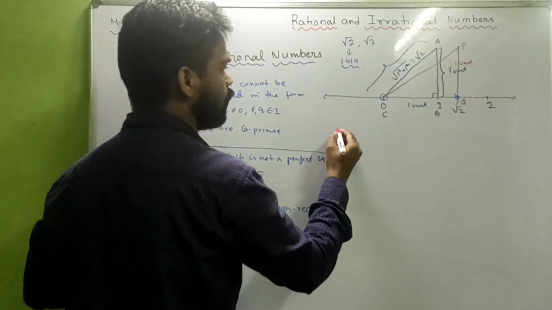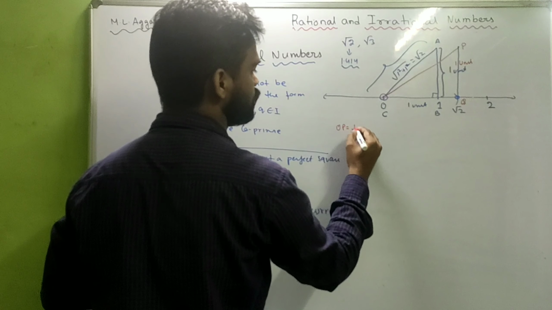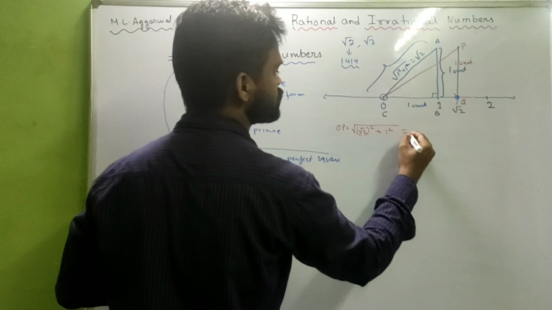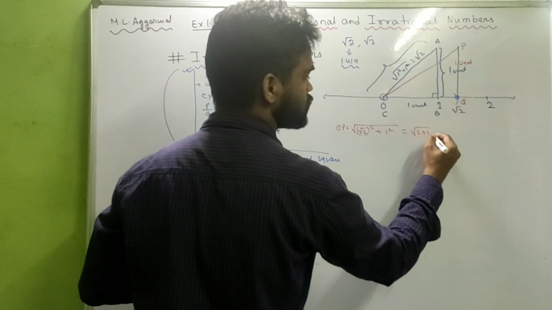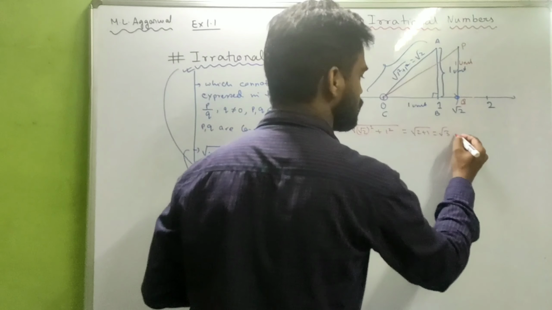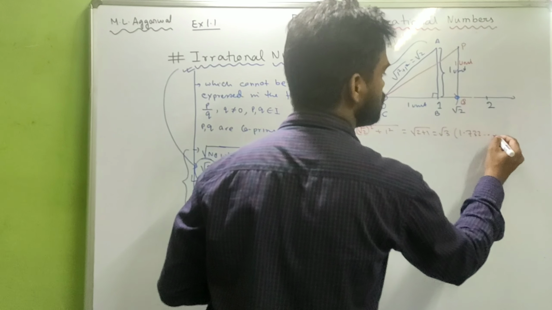Then again, what is OP? OP will be root of the base square plus the perpendicular square, which is root of 2 plus 1, which is root 3. Okay, roughly we know root 3 is 1.732.